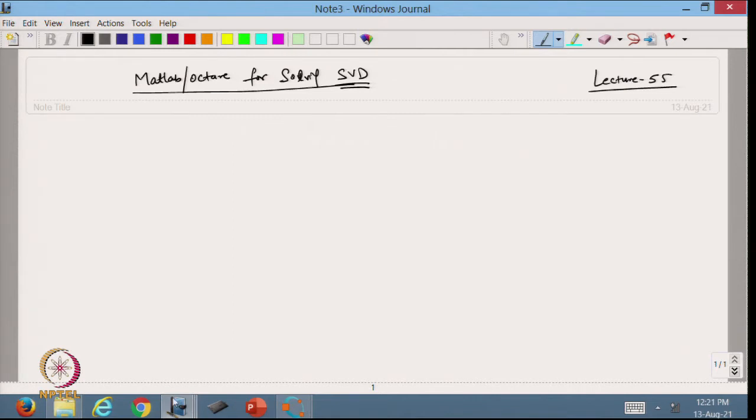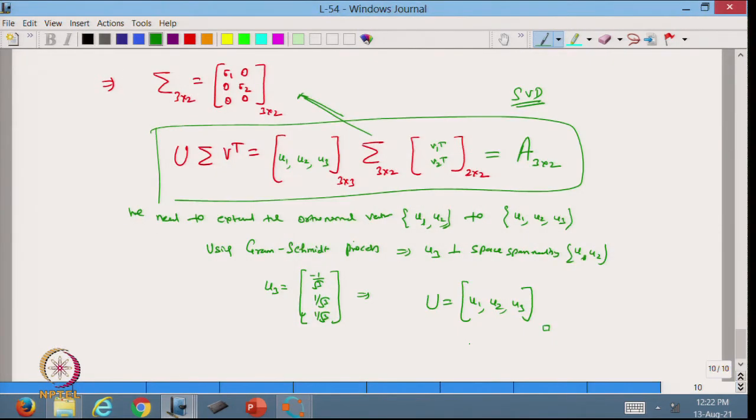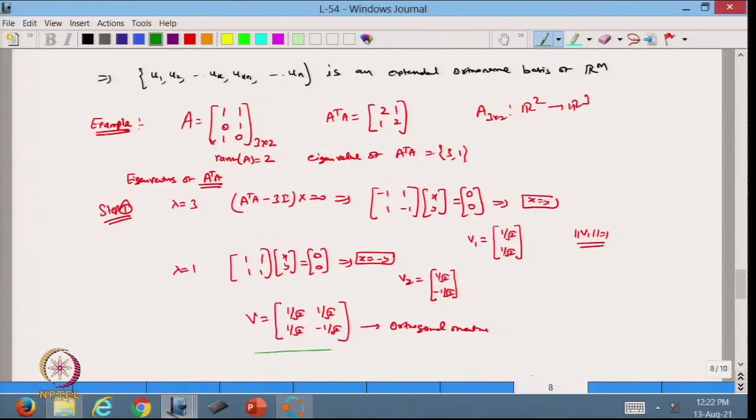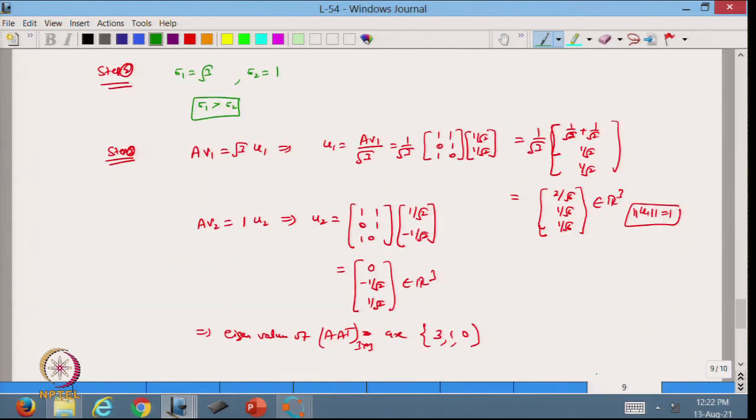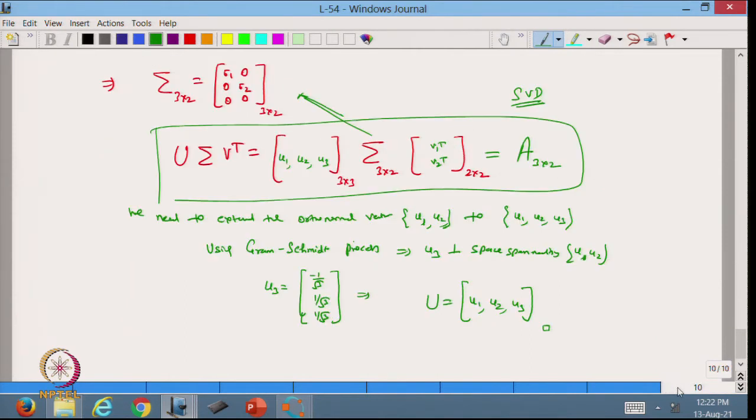In the previous lecture we took the singular value decomposition of the given matrix, found the matrix V, and then found the matrix U, and using the Gram-Schmidt process we found U3.